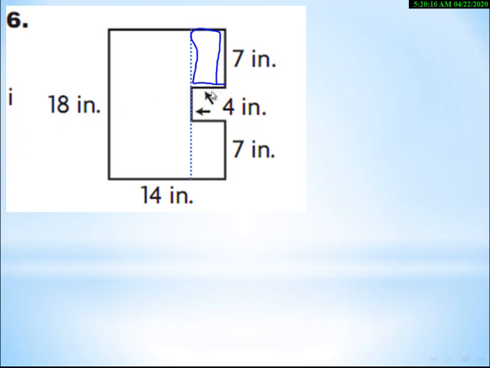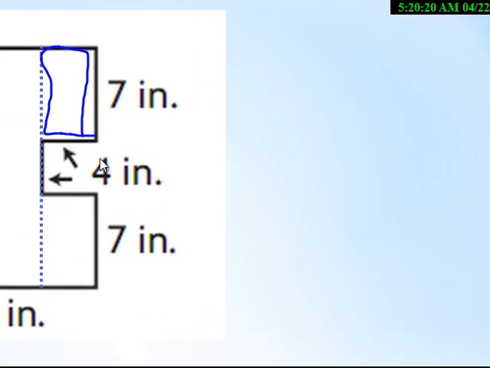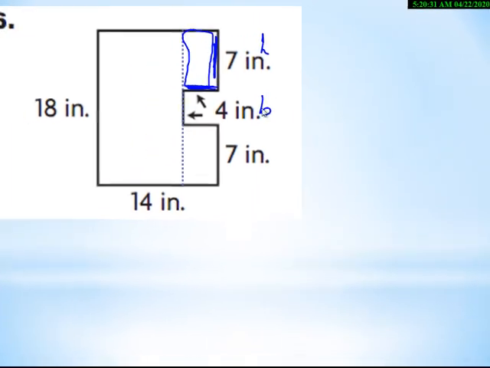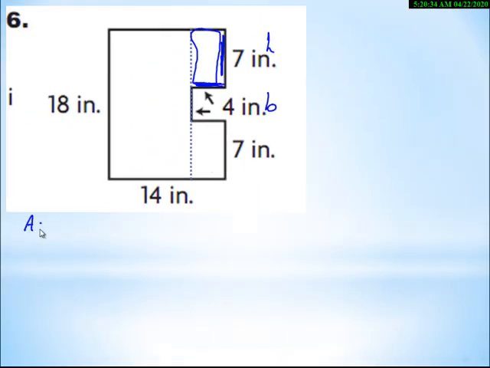I'm gonna start with this small rectangle because I can see its base, which equals 4, and its height, which equals 7. Great. So the first one, its base equals 4 times height, which is 7, so equals 28 square inches.